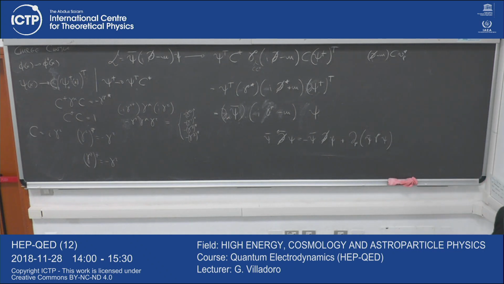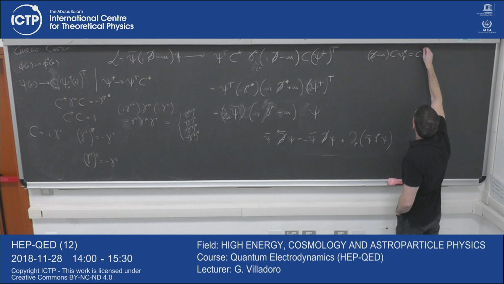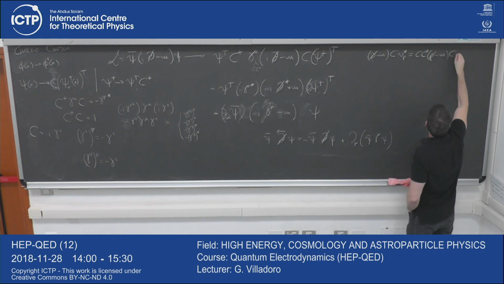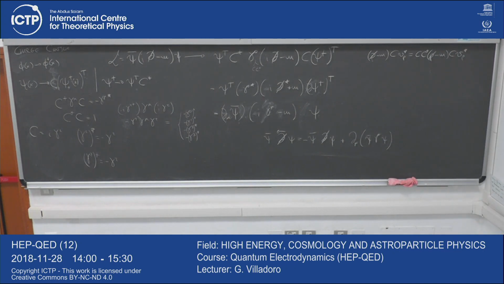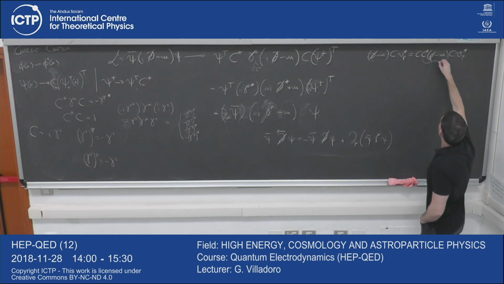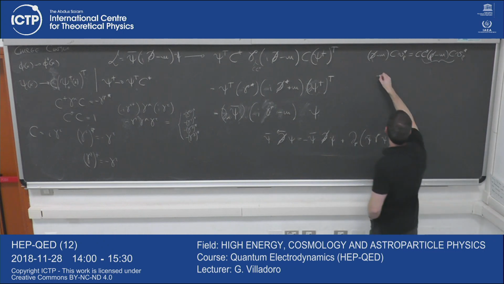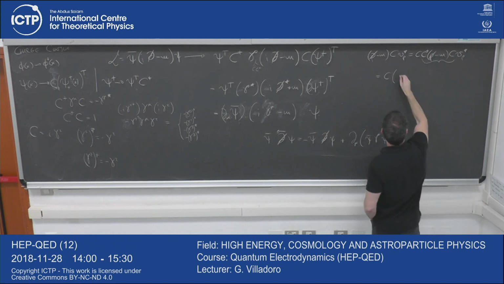Let me compute this for a moment to see why. This is also equal to C dagger times p slash minus n acting on C V P star. And now I'm going to use the properties of the C matrix to convert that: C dagger gamma mu C was minus gamma mu star.